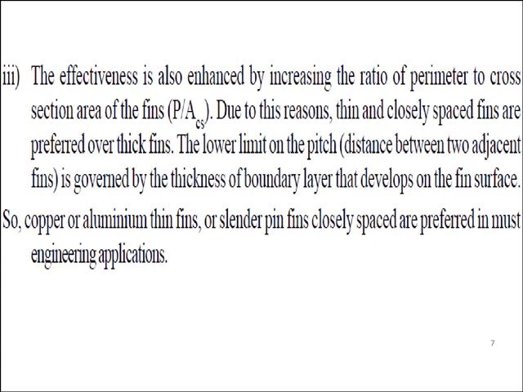So we can say copper or aluminium thin fins, or slender pin fins, closely spaced, are preferred in most engineering applications. So friend, I hope it is very much clear to you what is fin effectiveness, what are the different parameters on which fin effectiveness is dependent, and how we can enhance the effectiveness of the fin.